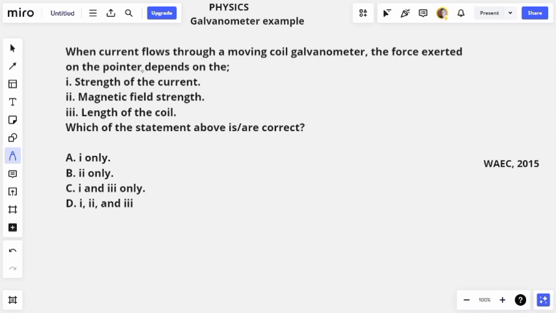So now they are asking us what the force exerted on the pointer depends on. So what will be your answer? This is what will be my own answer.